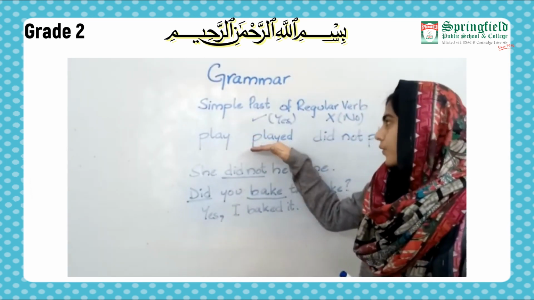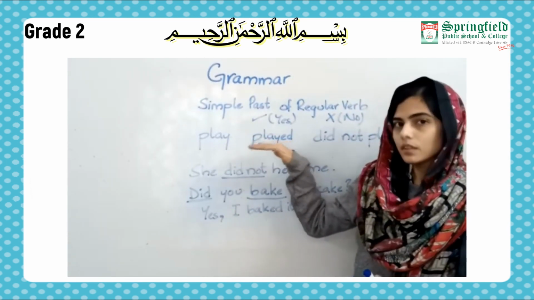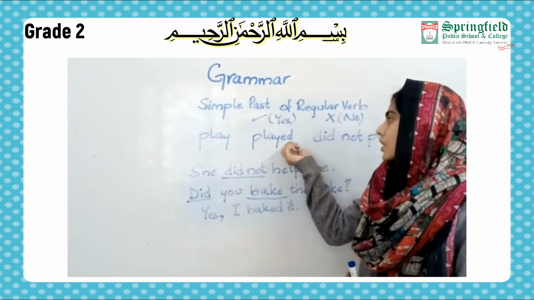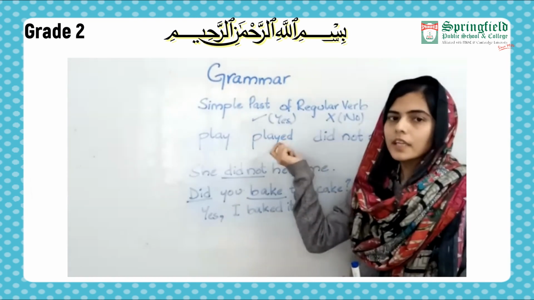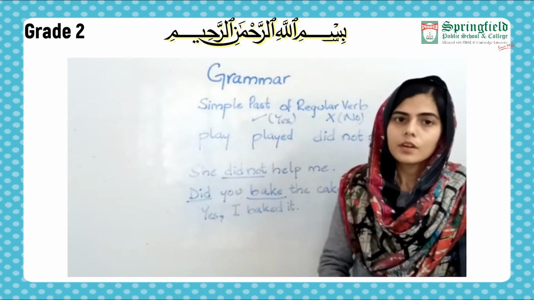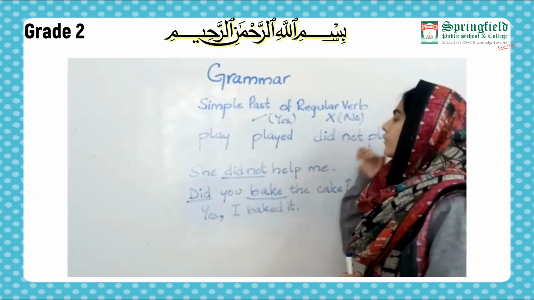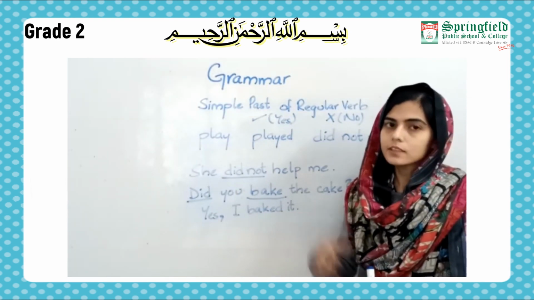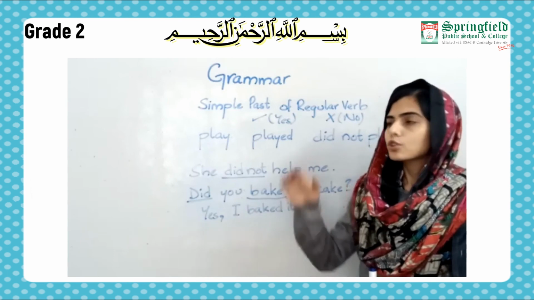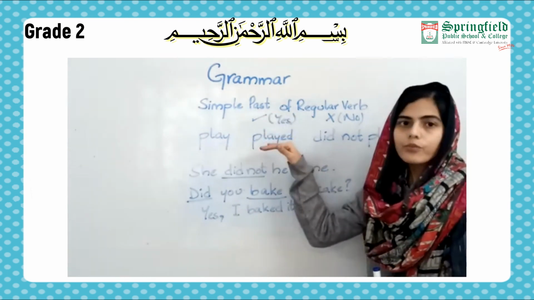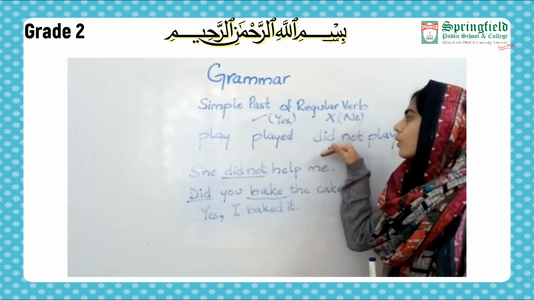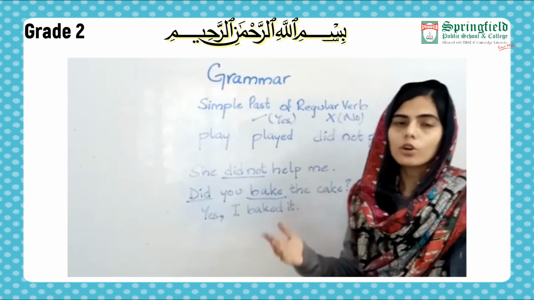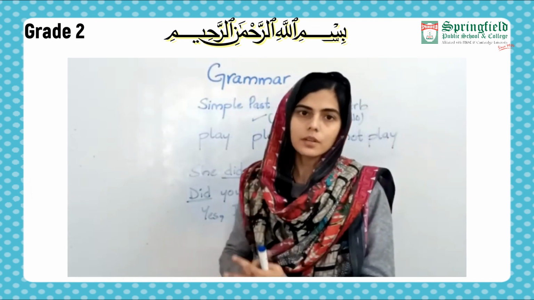In affirmative form, we will change and add ed or d accordingly to the verb, whereas in the negative form, we will simply add did not. Like stop, stopped for affirmative form, whereas for the negative form, we will say did not stop. The bus did not stop at the station.